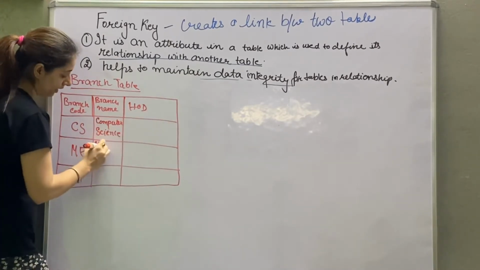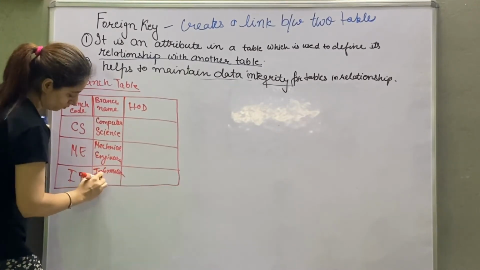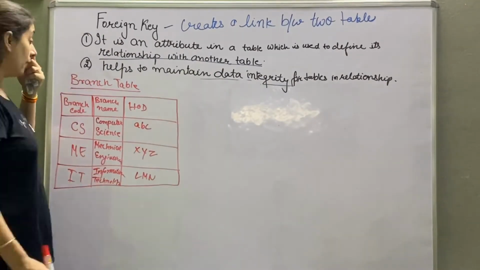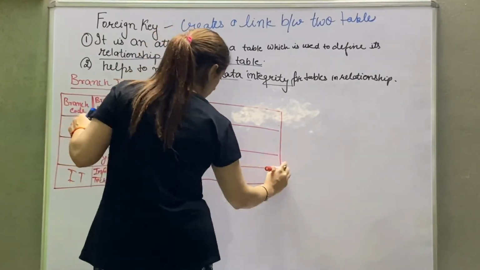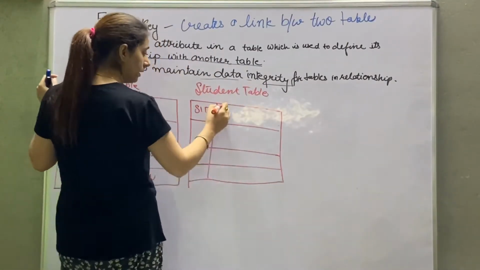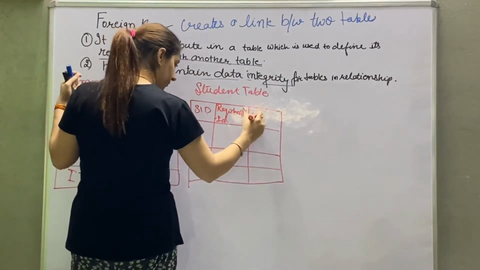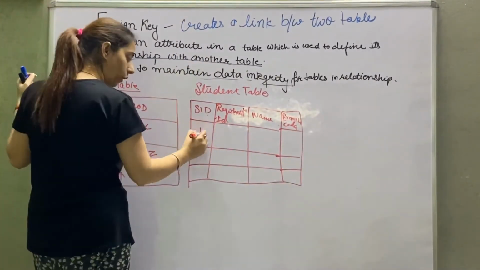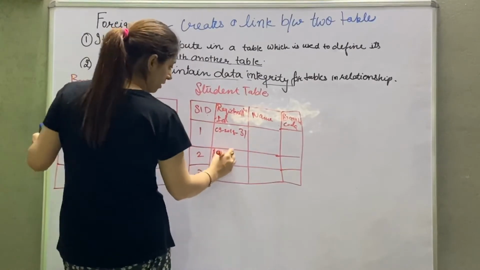I have written the branch codes and branch names, and after that I will write the HODs. Now we will create another table, that is the student table: SID, then register ID, then name, then branch code. Here we will also enter the records.